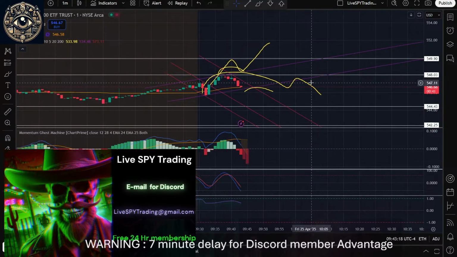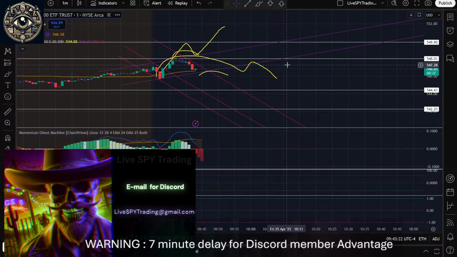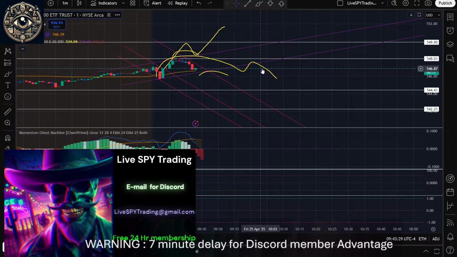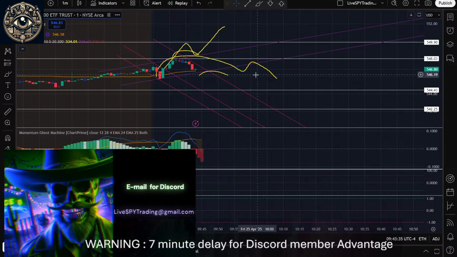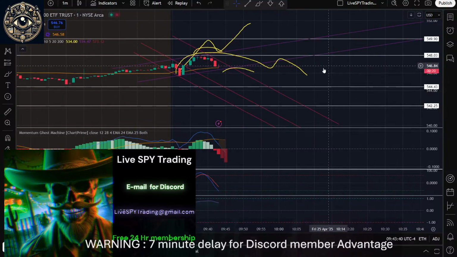Now let's see how we react to VWAP. So rejection off key level, back to VWAP. We're back at market open. No significant movement.